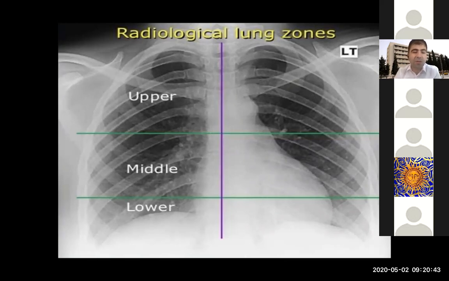Any lesion below the fourth rib in the mid-clavicular line is the lower zone. And some mention that any lesion above the clavicle is an apical lesion. So we have the apical zone, the upper zone, and the middle and lower zones on either side, the right and the left.